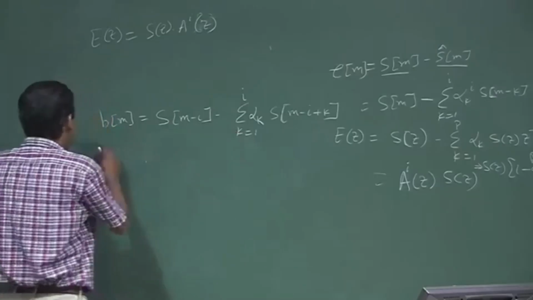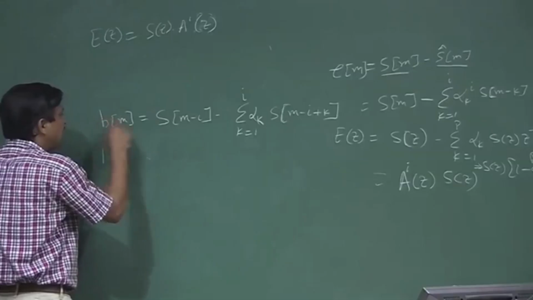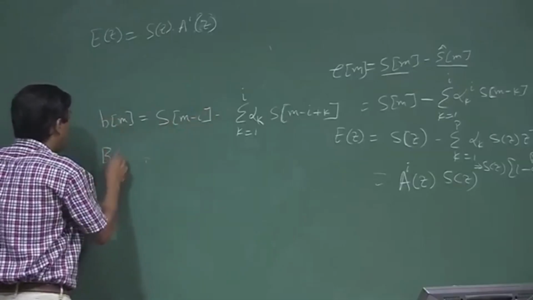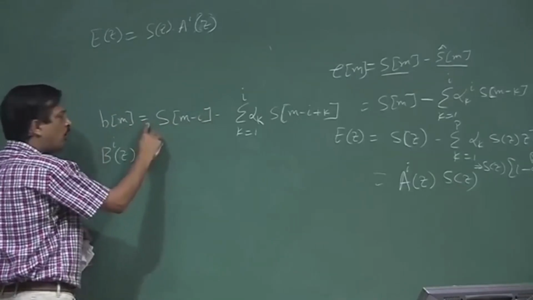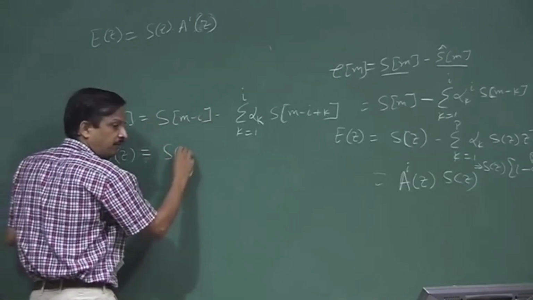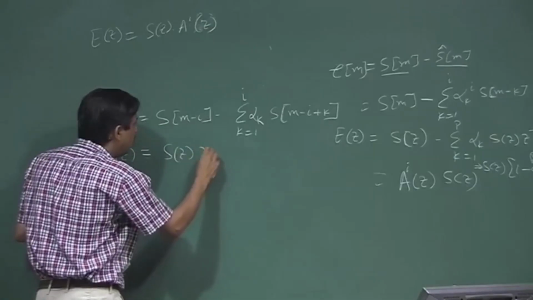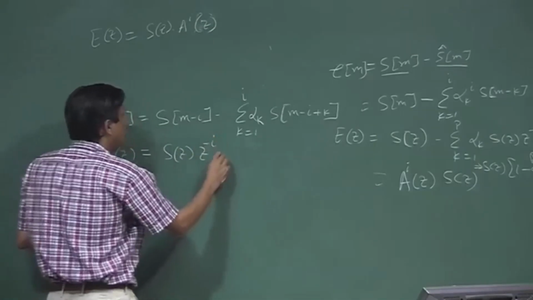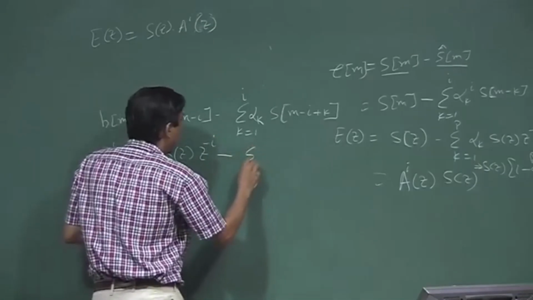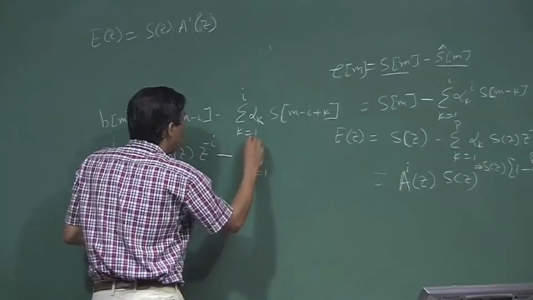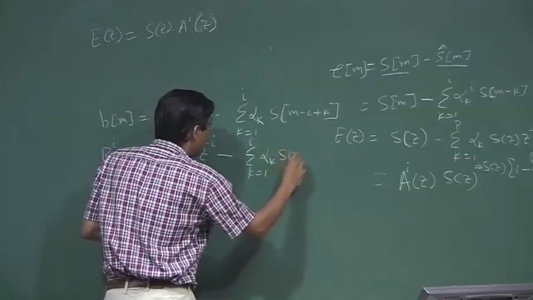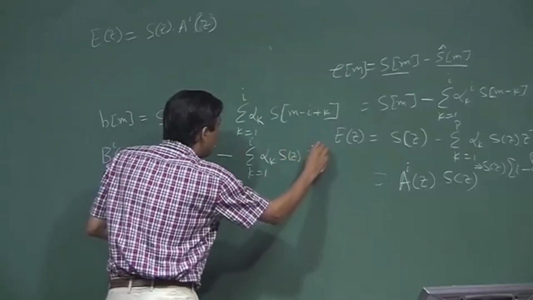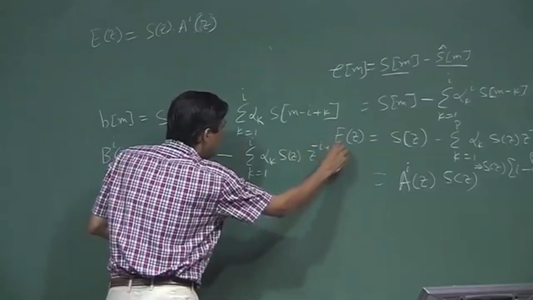So, if it is an ith order predictor, I can say B_i(z) is equal to, taking the Z domain, S(z) times z to the power minus i, minus the sum over k equal to 1 to i of alpha k S(z) times z to the power minus i plus k.